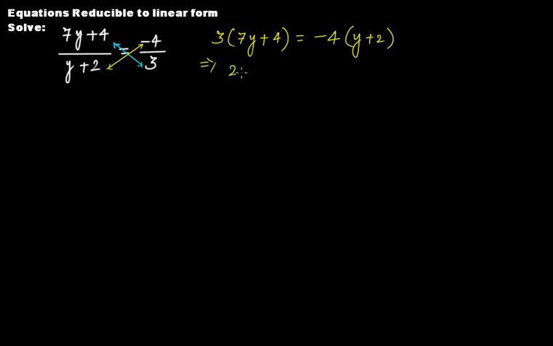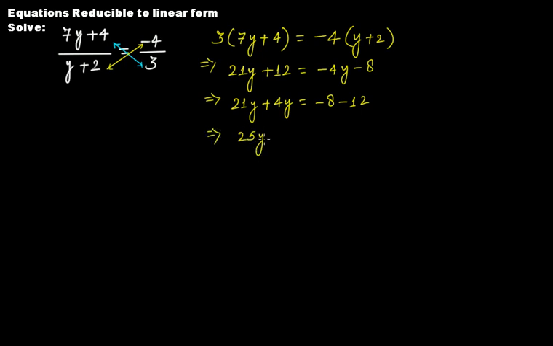If you solve it, you get 21y plus 12 is equal to minus 4y minus 8. Transpose minus 4y to the left hand side, you get 21y plus 4y, and at the same time transpose 12 to the right hand side, you get minus 8 minus 12. This is 25y is equal to minus 20.